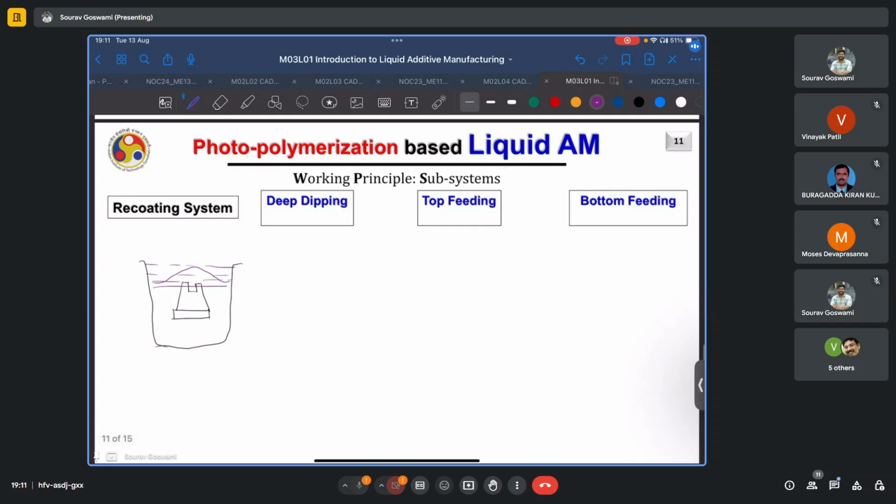Now, this will again rise to the top, and something like a doctor's blade will scrape off the excess photopolymer from top of this, and only the desired thin layer of photopolymer will remain.